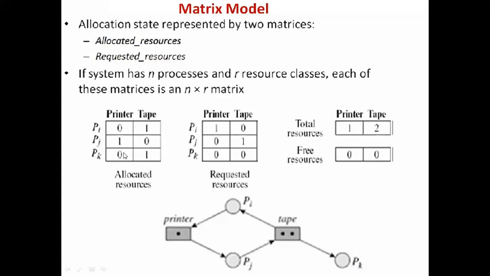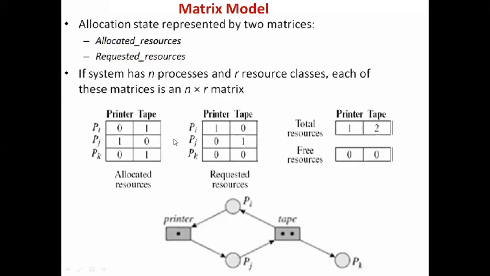Hence, I can write here 0. So are we done with the allocated resources of the printer and tape to these processes? Hence, the matrix called allocated resources will indicate what all resources in the system are being allocated to each and every process.